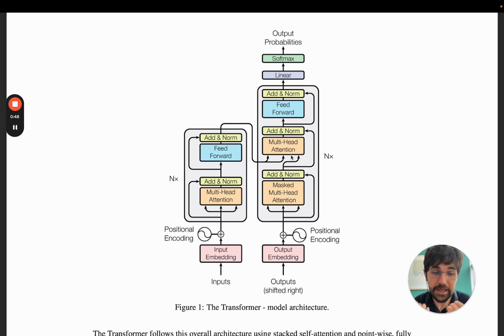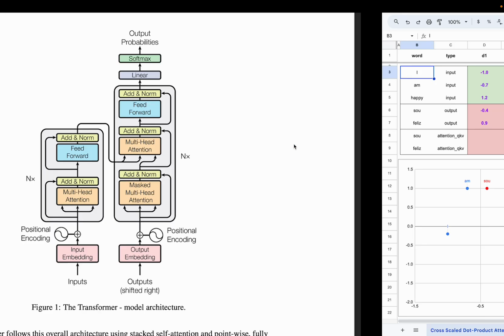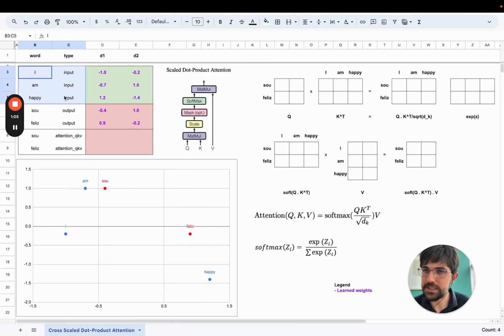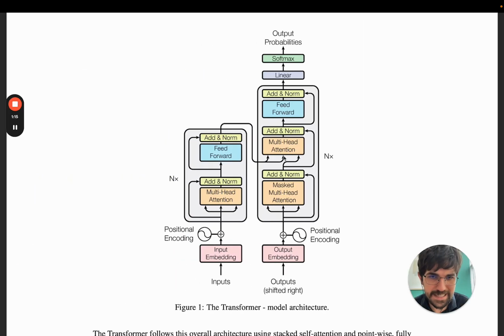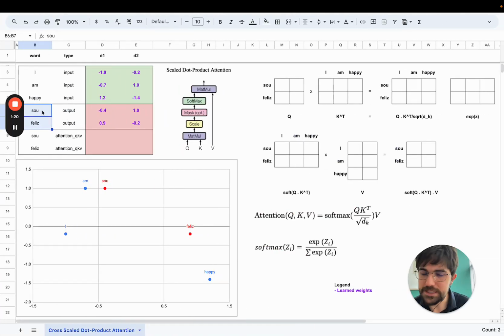So for a language model, for a translation example, we would in this portion be comparing one language with the other, like sentences. In my example, I'll be using as inputs a very small sentence in English, and as output, the embeddings that I'll be combining, I'll be using the translation into Portuguese.